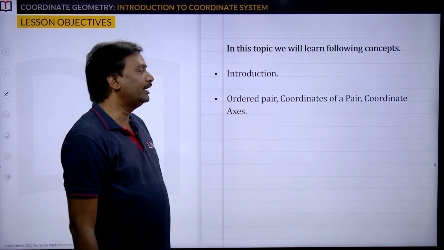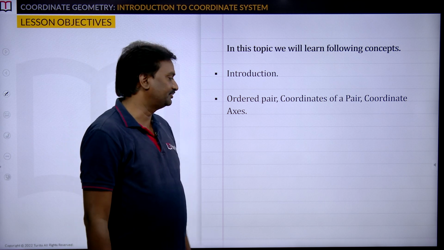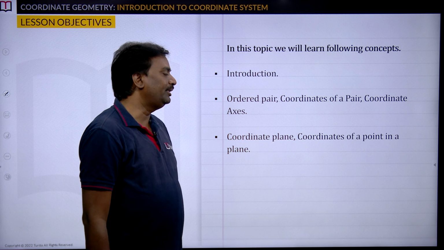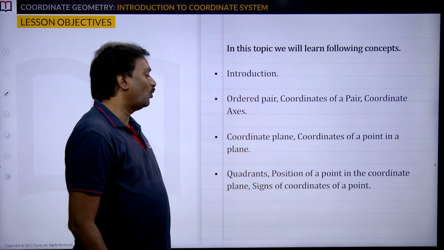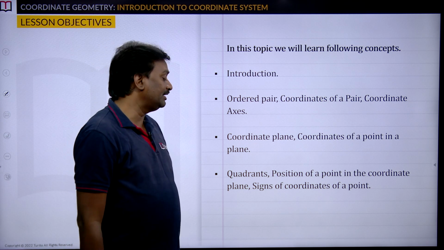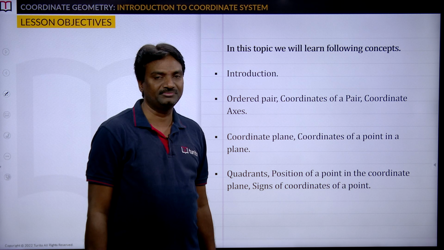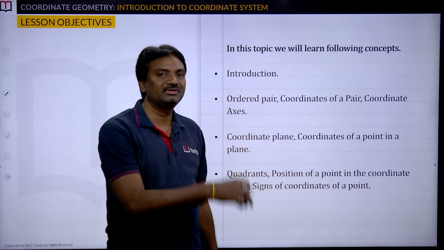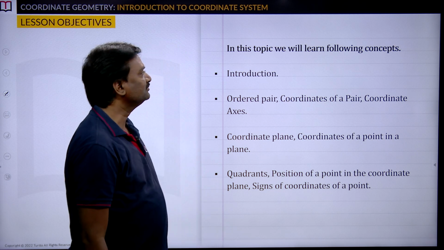Next, ordered pair, coordinates of a pair, coordinate axis. Next, coordinate plane, coordinate of a point in a plane. Quadrants, position of a point in the coordinate plane, signs of coordinates of a point. So we are going to discuss these concepts in today's class.